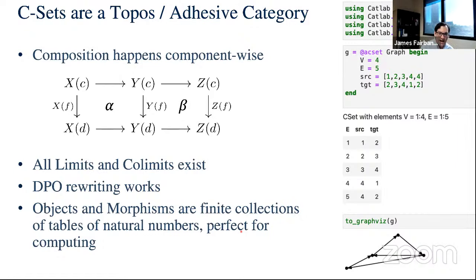I wanted to highlight that composition of natural transformations happens component-wise here. If I had a CSet morphism alpha that sends X to Y, and a CSet morphism beta that sends Y to Z, I can compose them component-wise.